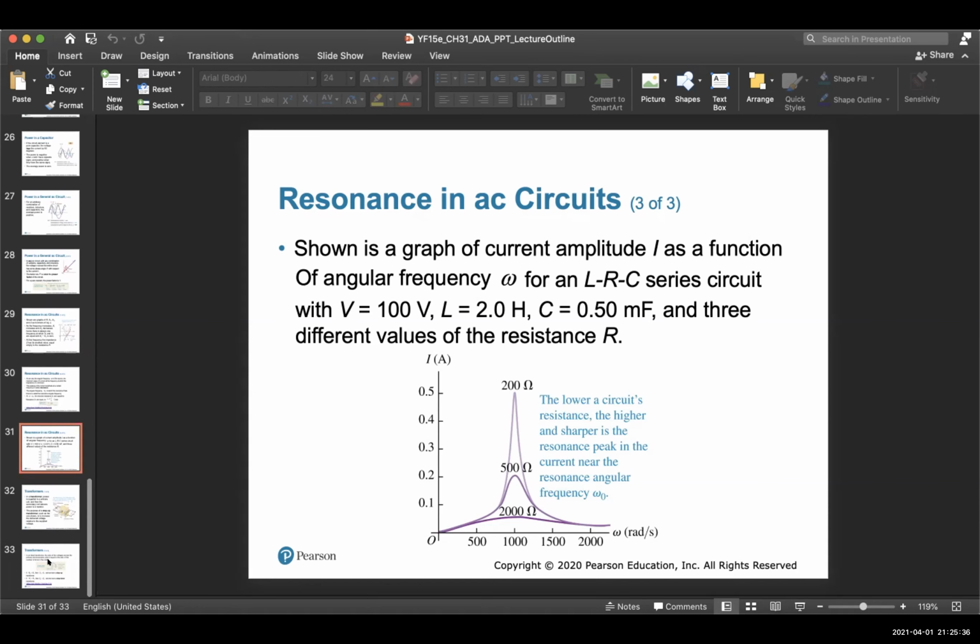And we have two slides talking about transformers. I'm going to save transformers for Tuesday.